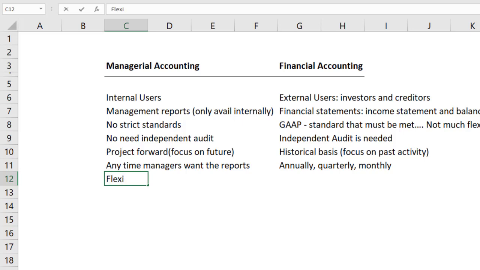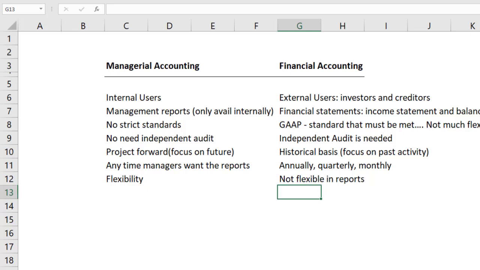It's a key element to managerial accounting because the internal users are allowed to be flexible since we do not need to protect them because they have internal access. Financial accounting, though, does not have that flexibility. We've already talked about this a little bit. They must follow standards in the reporting.